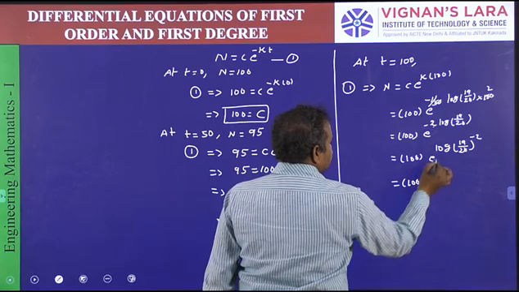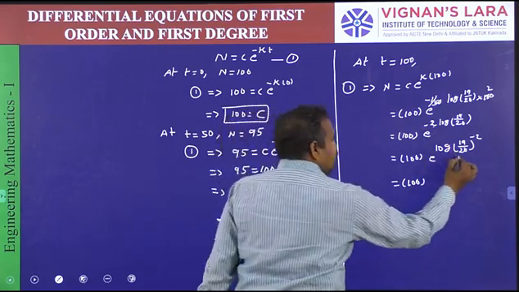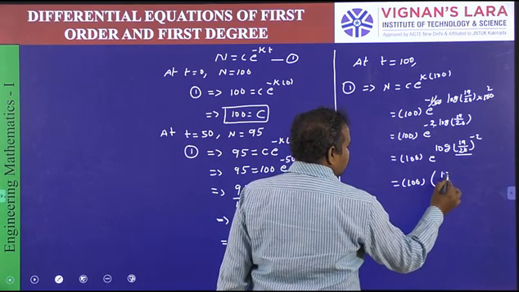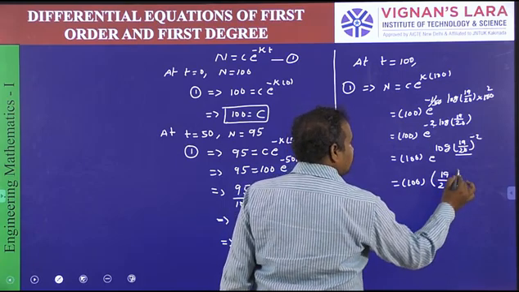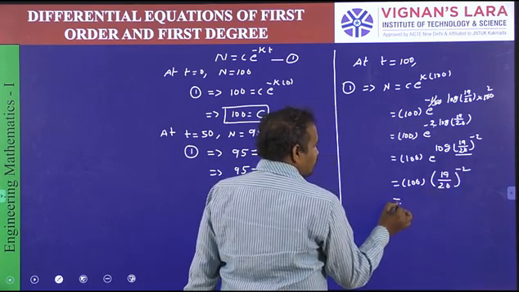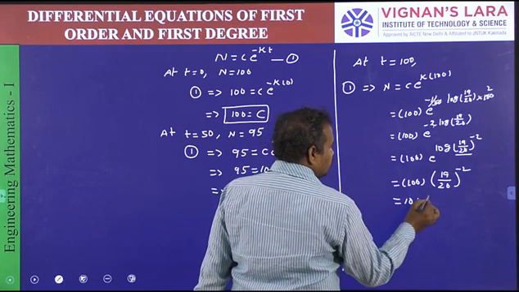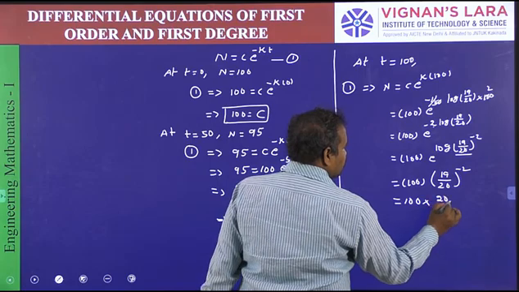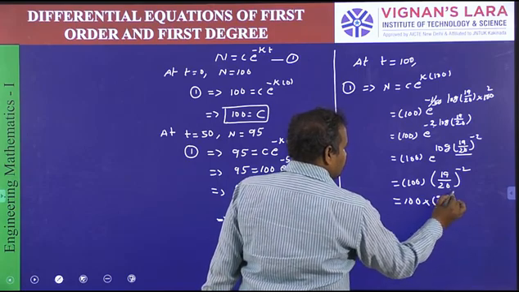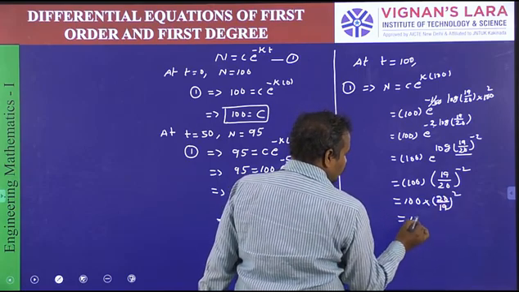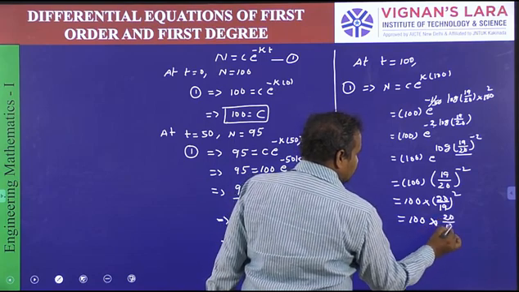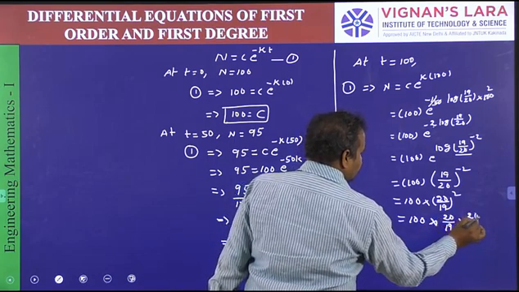Now we have e power log x, whose value is x. So this is 19 by 20 power minus 2. Power minus 2 makes numerator as denominator and denominator as numerator: 20 by 19 whole squared, which is 100 into 20 by 19 into 20 by 19.